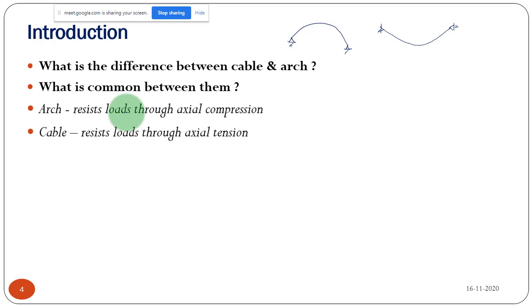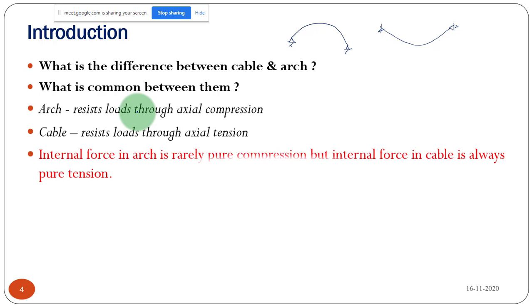Why it is only axial compressive force, we will discuss in detail. No need to worry. Both have internal force that is primarily axial force: compressive in arches, and tensile in cables. Internal force in an arch is, in practice, rarely pure compression.